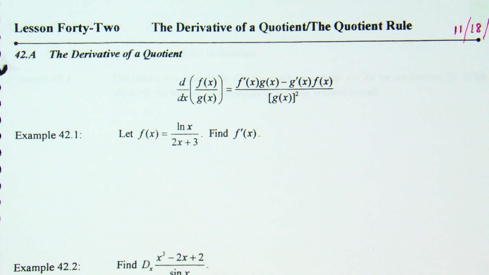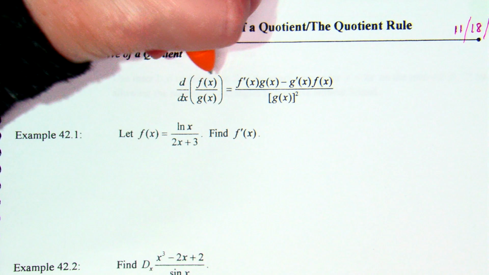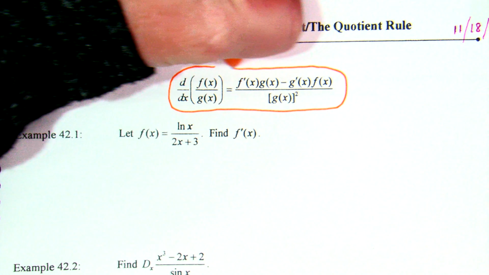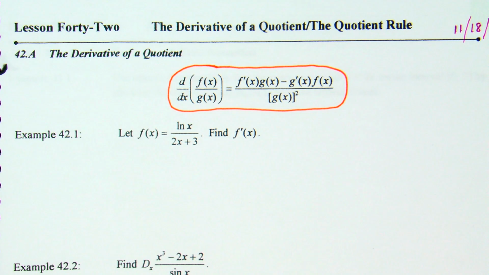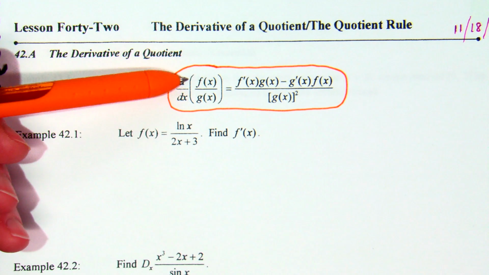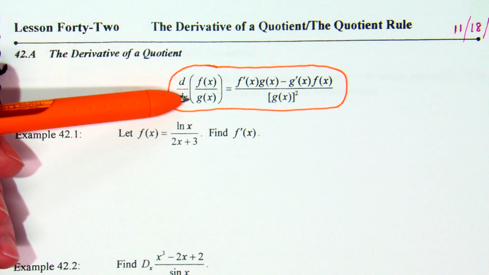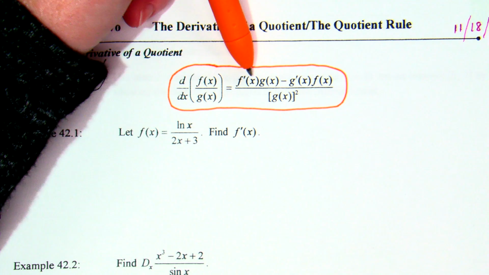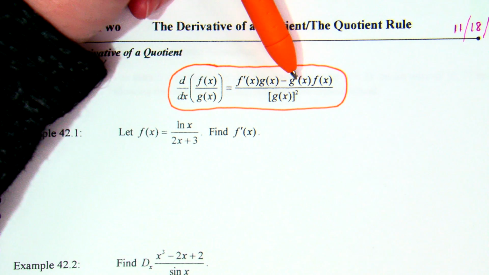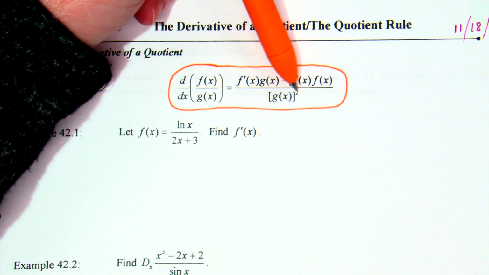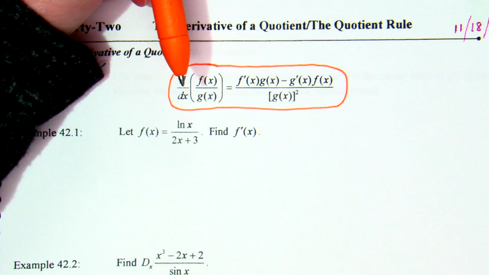Okay, did you guys look at the quotient rule? This is talking about what we do when we're taking the derivative of a quotient. So, a quotient being f of x divided by g of x. Now, notice f prime of x times g of x minus g prime of x times f of x all over g of x quantity squared.